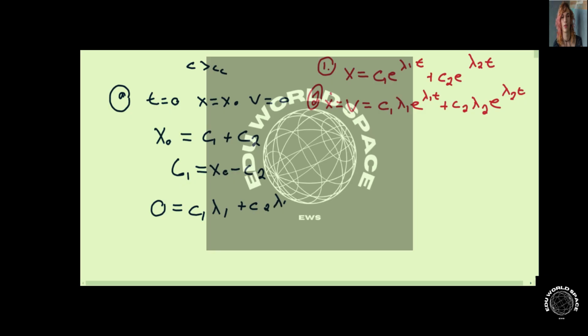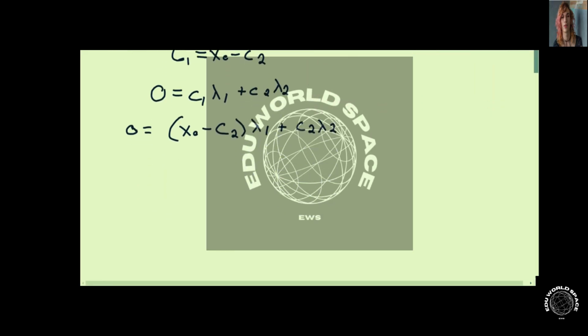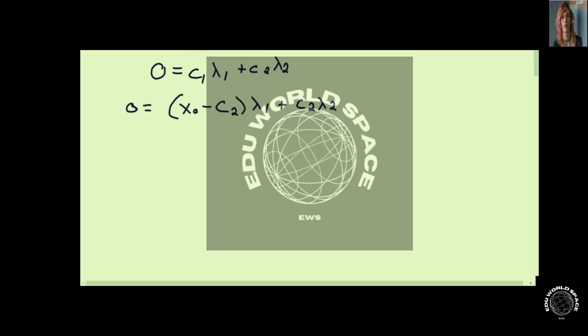And from this, what we can do is plug in here: minus c2 lambda 1 plus c2 lambda 2 equals 0. I'm going to scroll down for you guys. There we go. So we have that equals 0.